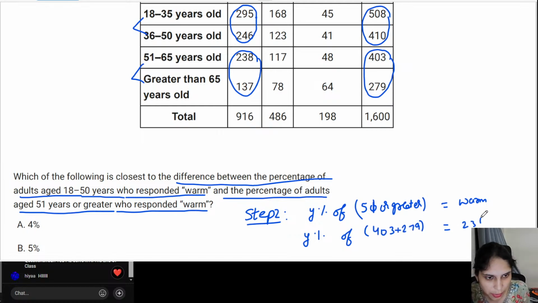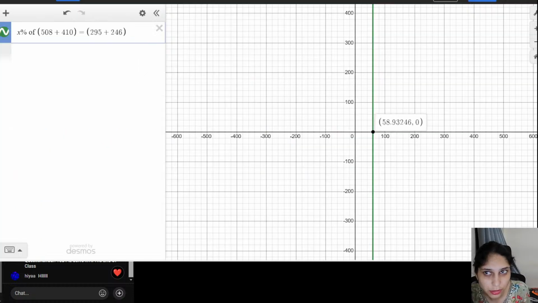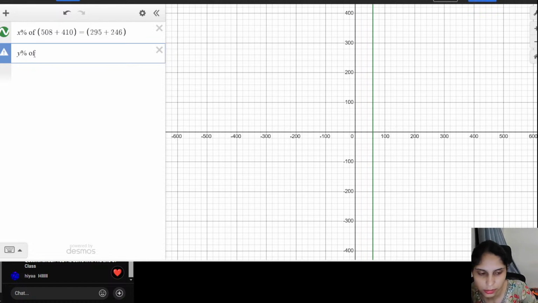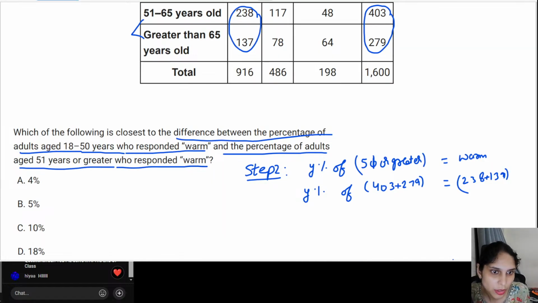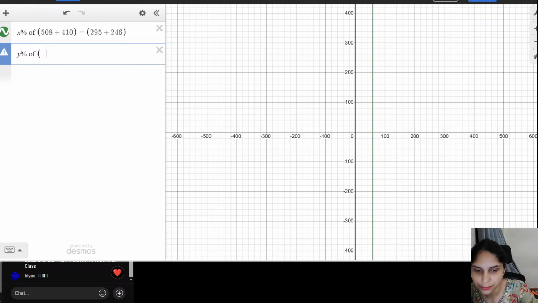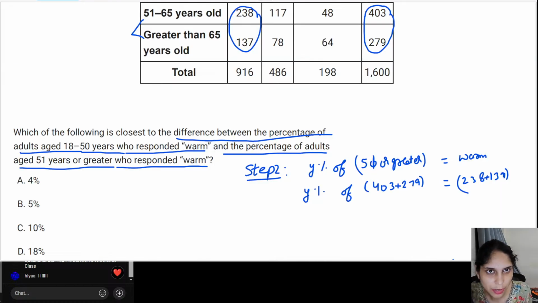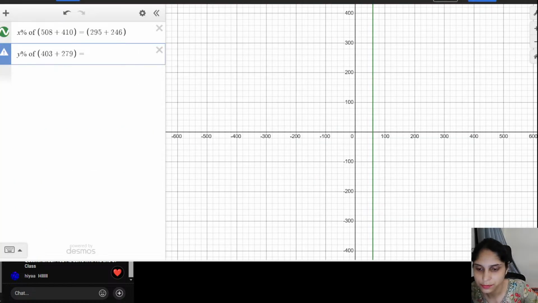Warm are 238 plus 137. You will get your percentage value from here. What are we adding? 403, 279. And that is equal to 238 plus 137.